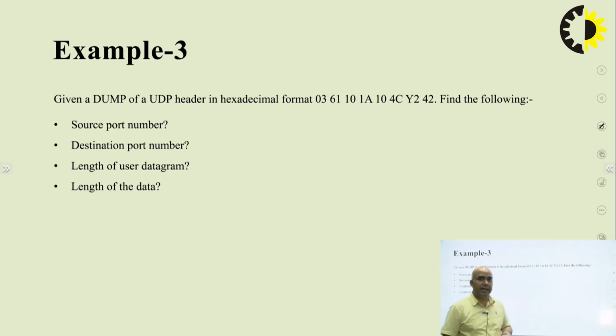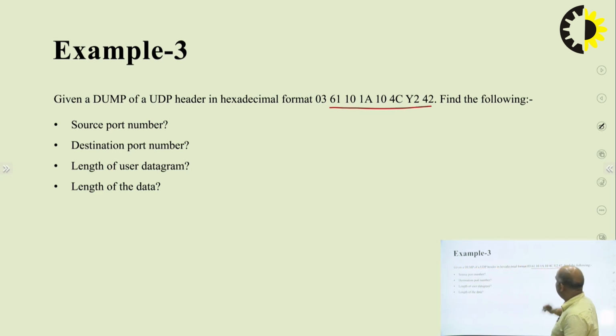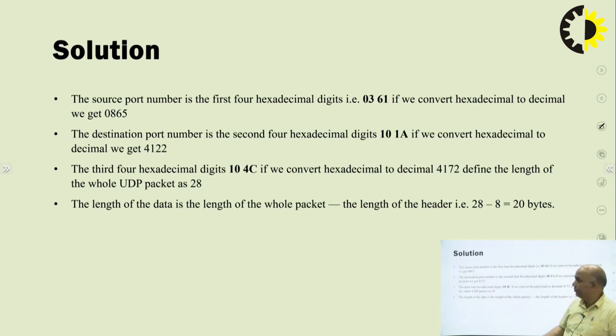Another example, again the same: we have the header hexadecimal numbers. We need to identify the source, destination, length of the datagram, and length of the data. Again, this is the hexadecimal and we need to convert it into decimal numbers. This is for the destination port number that we need to identify.